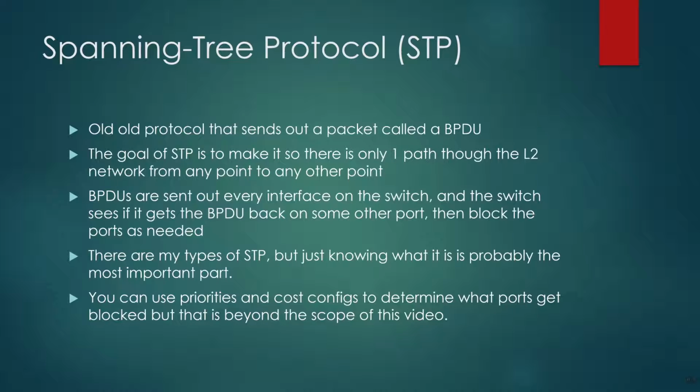There's lots of different types of spanning tree that have minor differences. If you want to influence what the path will look like, you can use priorities, port costs, etc. to figure that out, but that's beyond the scope of this video.